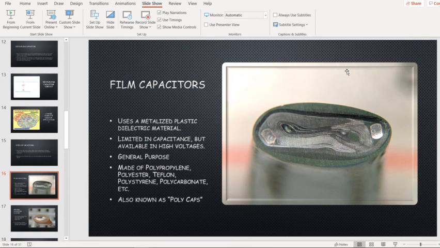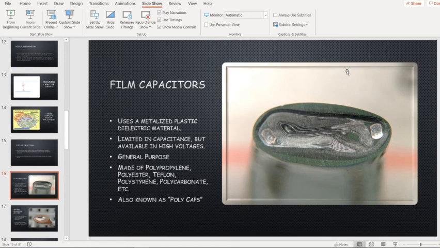The main reason why they're used is because it's generally very easy to make high voltage ratings with film capacitors, because film has a very high dielectric strength, which is basically how much voltage per unit area it can handle. But yeah, so that's really what it's used for.